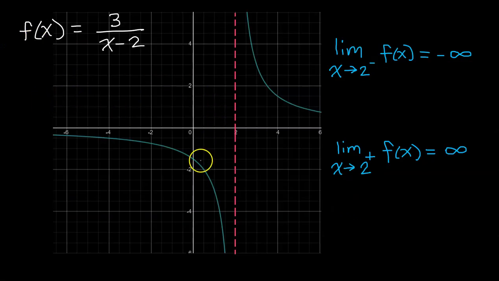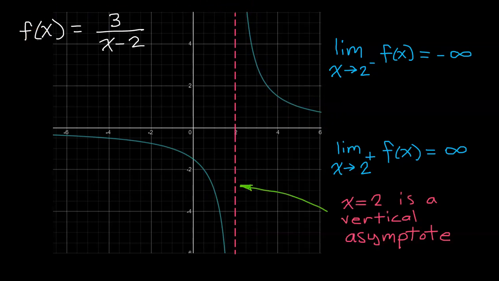And here's a quick peek at the graph of this function, and you can see visually that as x approaches 2 from the left, the function is approaching negative infinity, and as x approaches 2 from the right, the function is approaching positive infinity. The line x equals 2 is called a vertical asymptote. You're going to have a vertical asymptote anytime there's a value that causes a zero denominator.